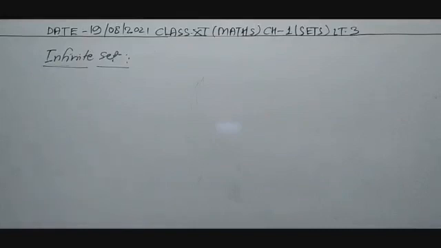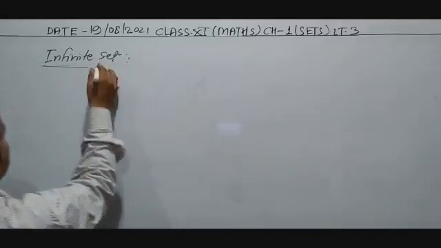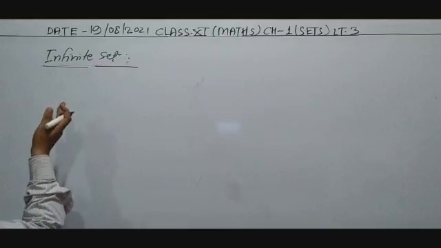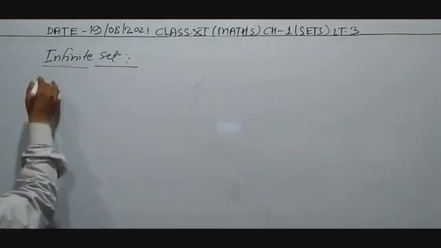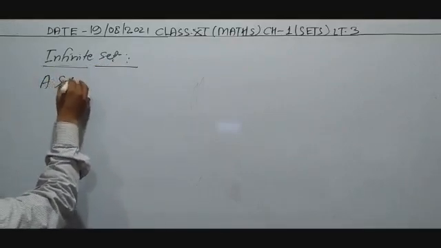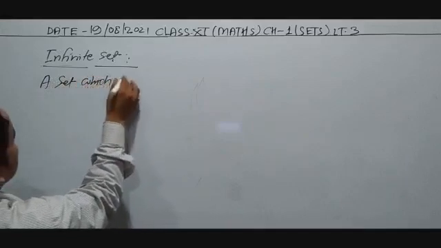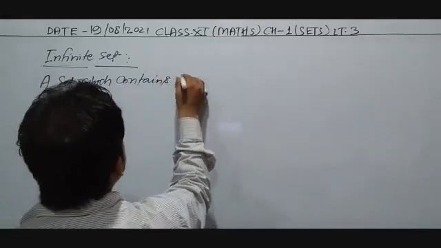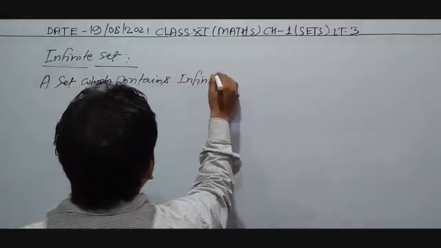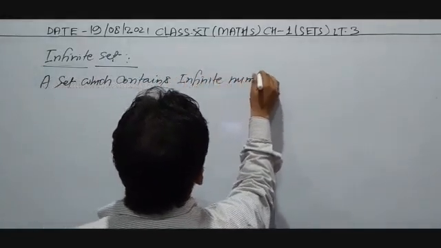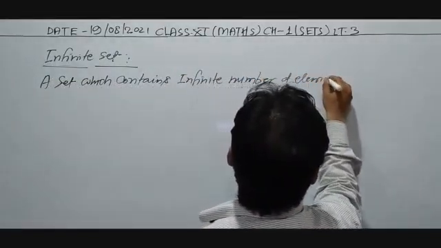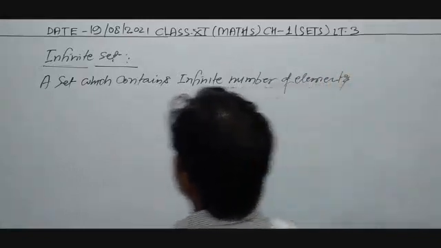Infinite sets. What is an infinite set? See the definition. It is a type of set which is not finite, means a set which contains an infinite number of elements.